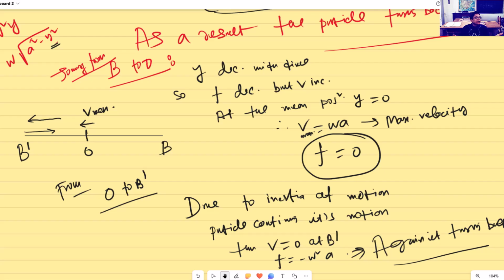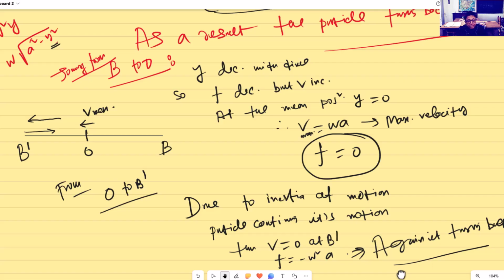In nature, whenever other forces are absent, a particle describing this kind of motion is referred to as simple harmonic motion. The most important characteristic of simple harmonic motion is acceleration directly proportional to displacement and directed towards the mean position.